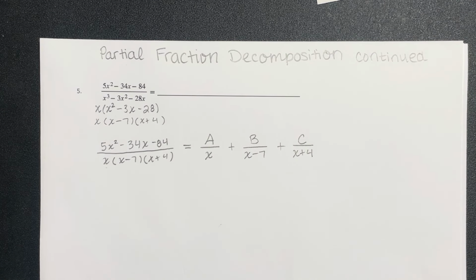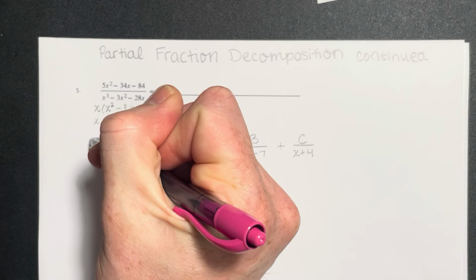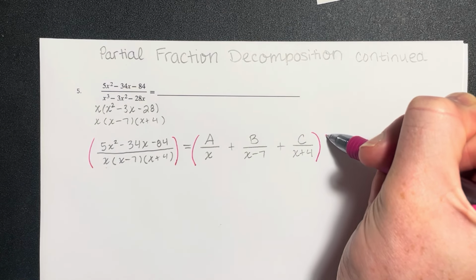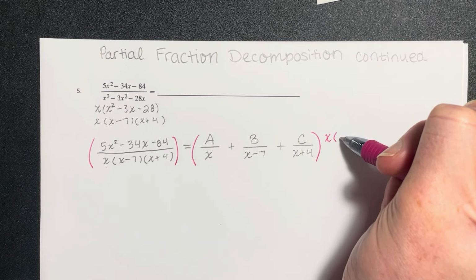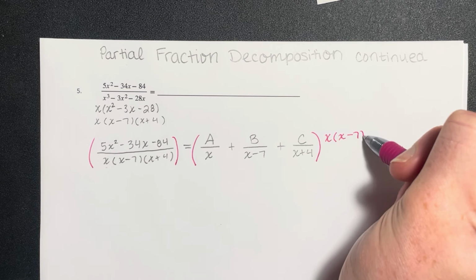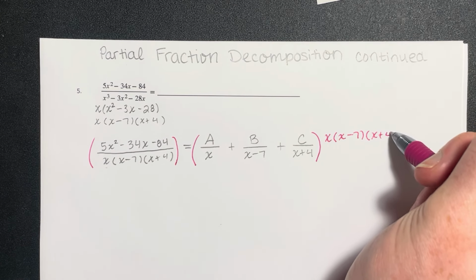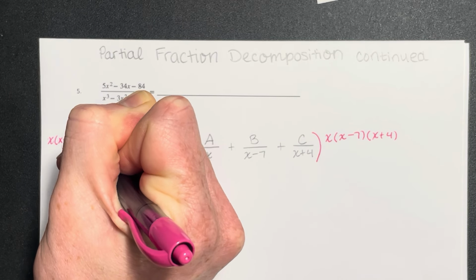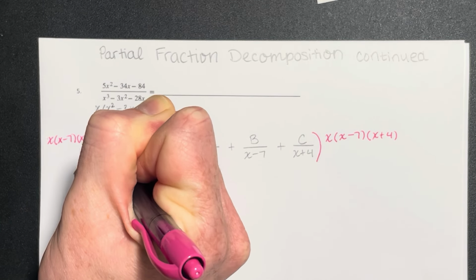We continue doing the process of multiplying by that least common denominator, and that's going to eliminate our fractions. So if I multiply by that common denominator on both sides, we should eliminate our fractions.